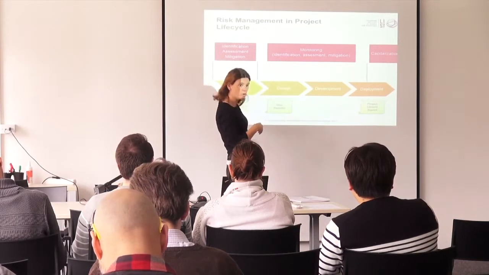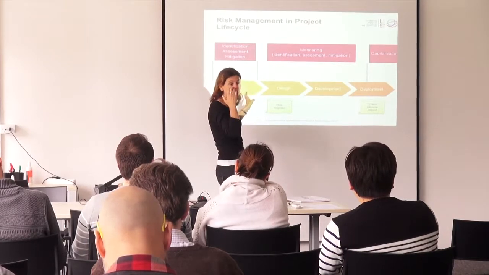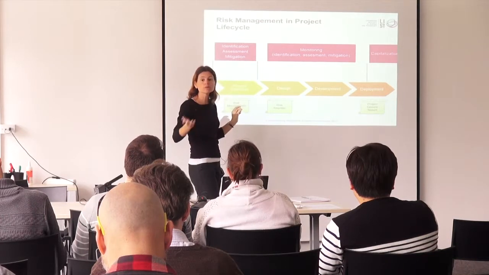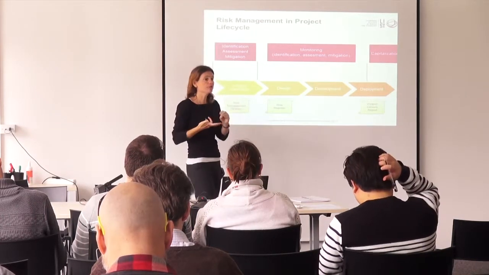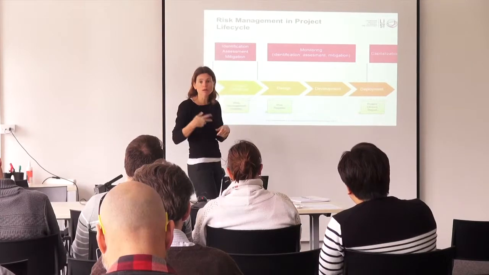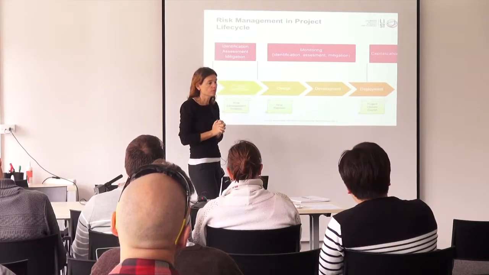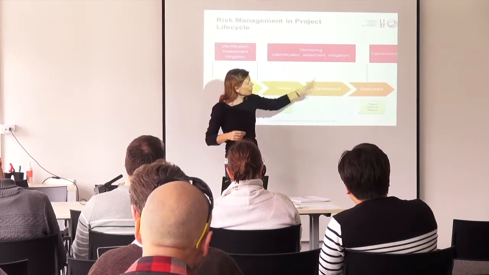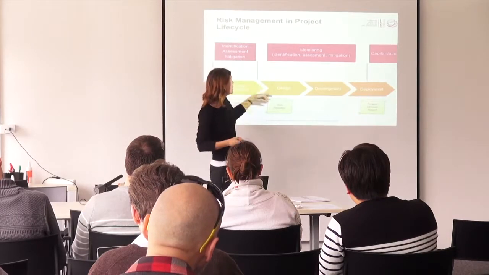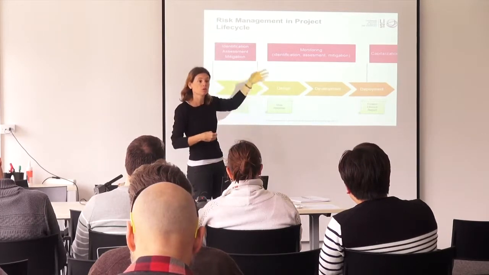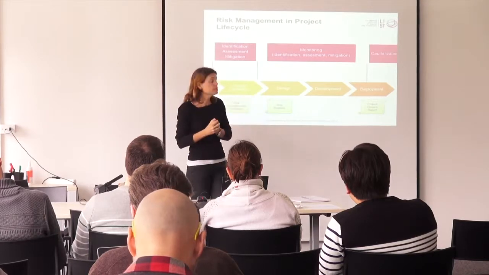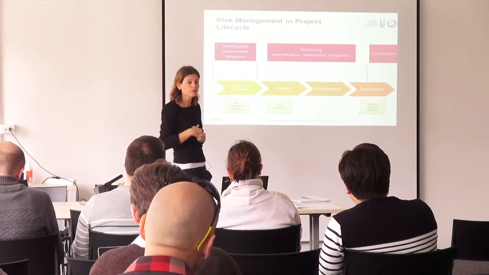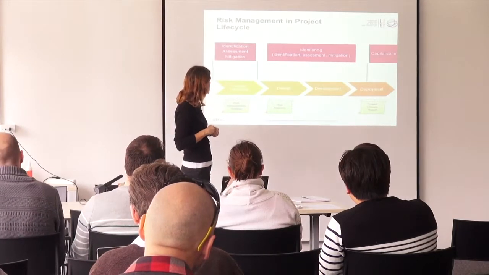Then during the project, what you have is mostly monitoring. From the list you had defined in the project proposal, you will check whether these risks are still there, whether the probability or impact have changed, whether the actions that you had identified are efficient, and so on. And of course, in the middle, as the situation evolves, you might have some new identification, new assessment, and new mitigation steps, so that you identify new risks and assess them and try to find mitigation actions.